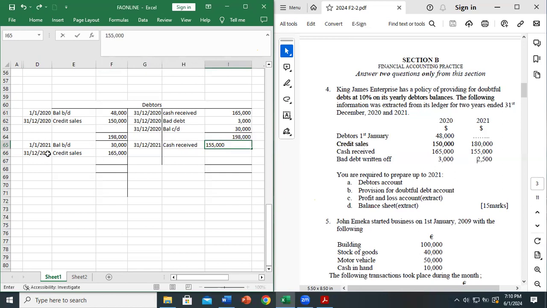Oh, I think I'm changing some things. The credit sales should be 180, and this is 155, and then so let's balance it. We have 210.